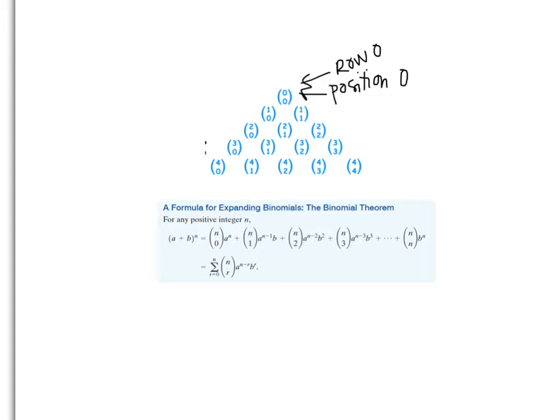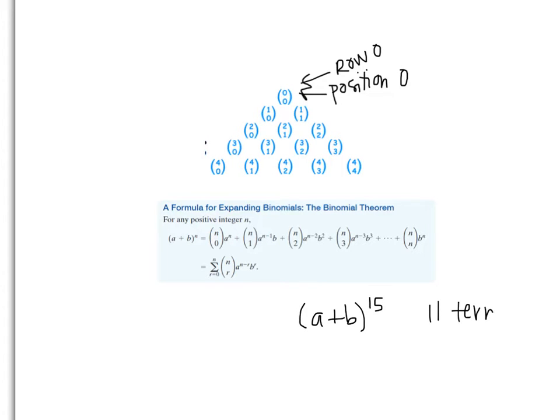And so this way, we don't have to memorize Pascal's triangle or generate it, adding the two terms above every time, especially when we get down to higher rows and higher powers. We don't have to think about generating the entire triangle. So, for example, let's say I was expanding a plus b to the 15th, and I just wanted to know what the 11th term was.